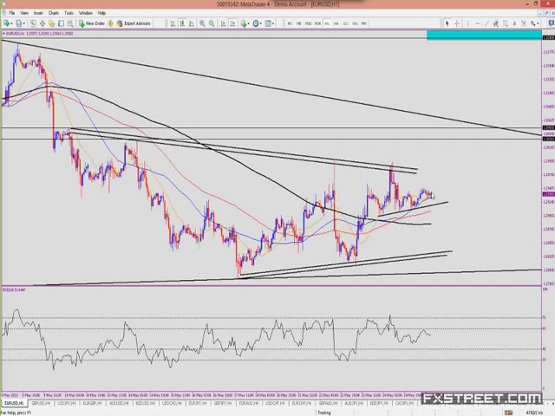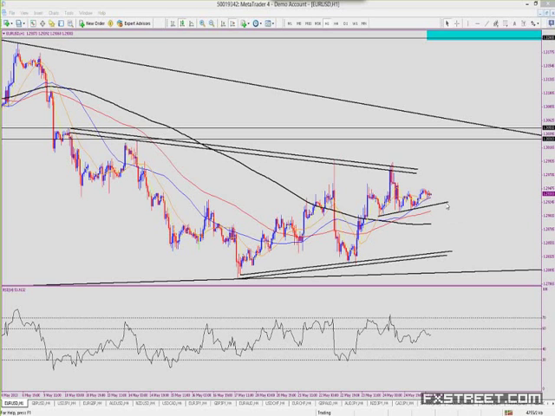Now, what is going to help this market push out of this range this week? It's possible that the GDP on Thursday could help in that direction, but it's only a preliminary GDP. Still, it's the first reading for the first quarter, so that could be an important clue to whether the Fed is ready to exit.